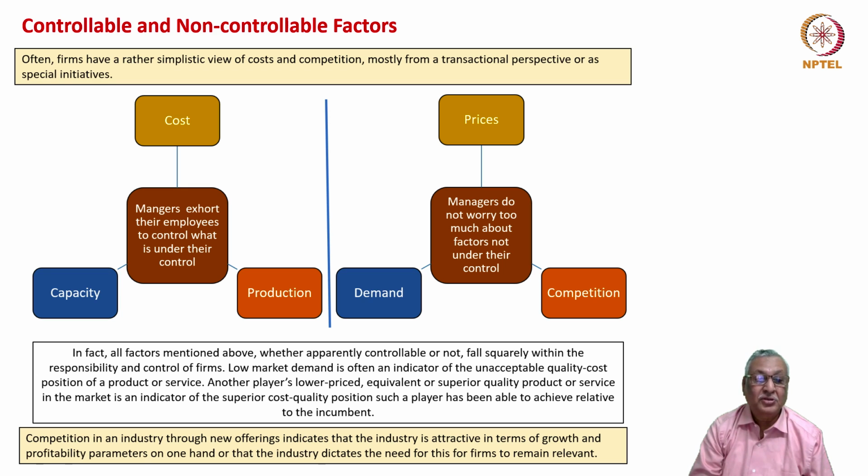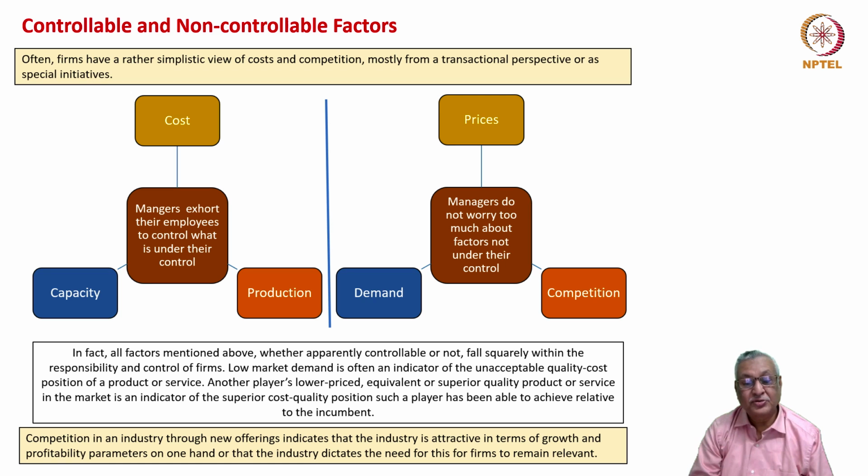We have to ensure that prices, competition, and demand are appreciated by employees for what they are. That is, factors which are influenced, at least indirectly, by the efforts of the employees in terms of operational excellence, engineering excellence, and manufacturing excellence.